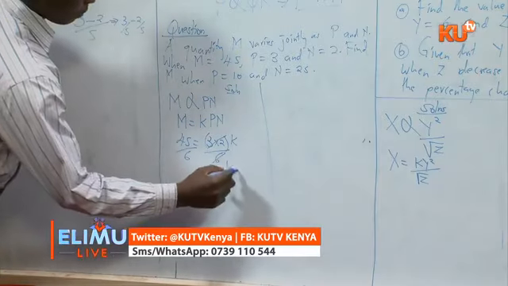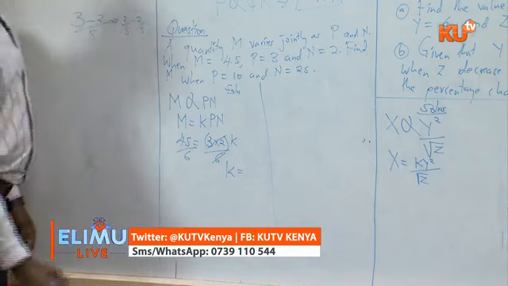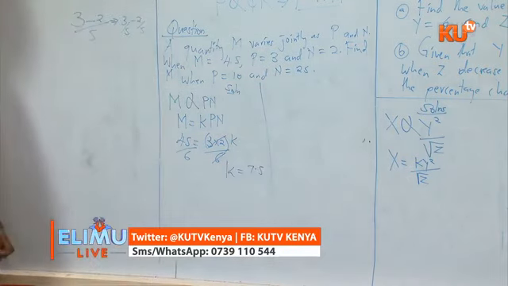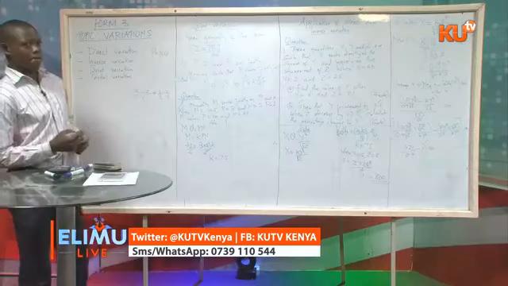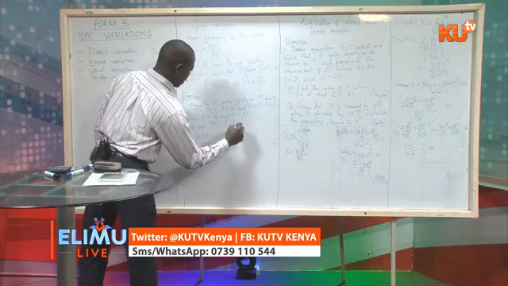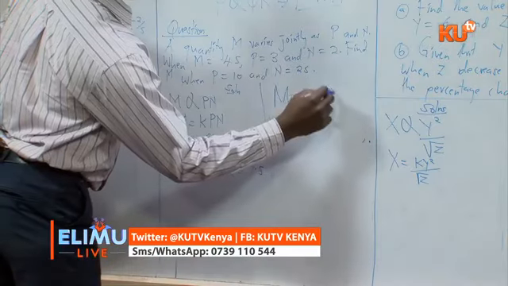That K becomes 45 over 6, which when you divide by 3 is 15 over 2, which is 7.5. That is the value of K. And so the equation connecting M, P, and N is M equals 7.5 PN.